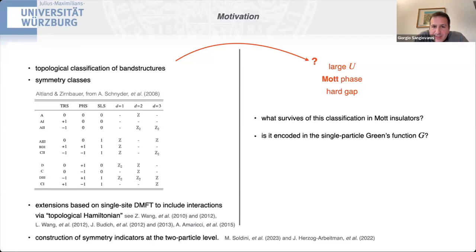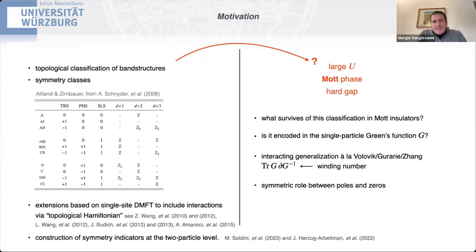So the main question is: is the topology still encoded in the single particle Green's function G? For that, we can already use the extension of the winding number proposed by Volovik and Zhang and Gurarie also, where the symmetry between the Green's function and its inverse is already manifest.